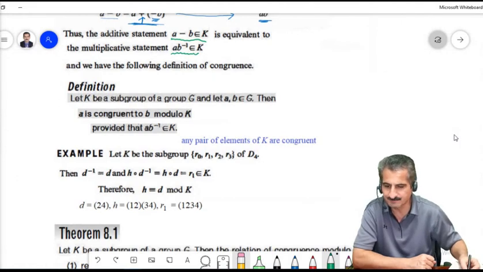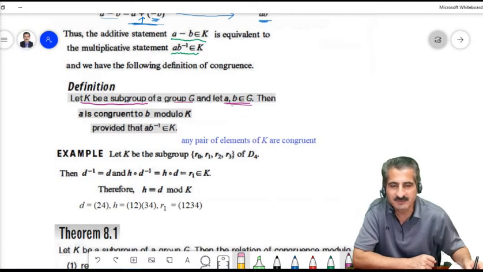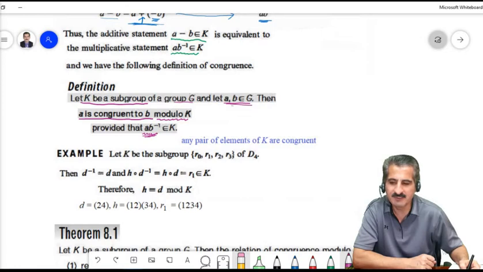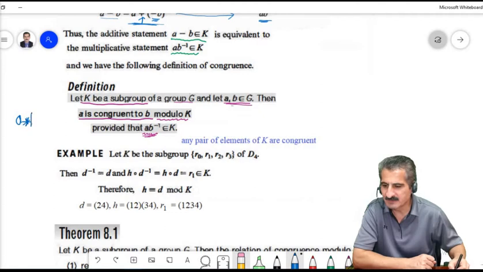This is the definition. We start with a subgroup K. You can choose any subgroup of a group G. Then a and b, any two elements from that group, are congruent, or we say a is congruent to b modulo K, if a b inverse belongs to K. Here by a b inverse we mean a star b inverse, which belongs to K, and the star here might be addition.